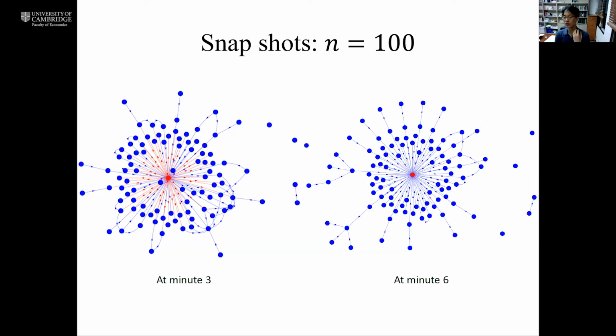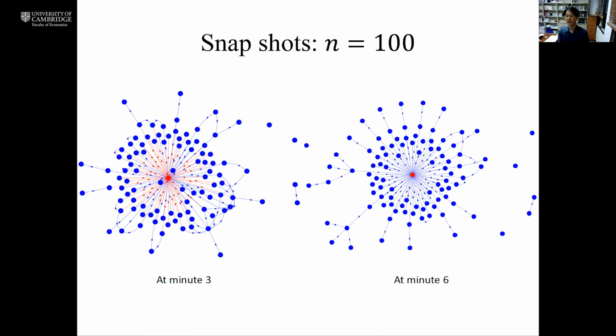In one sense, this can be interpreted as this guy making lots of linking investments to become the hub until the middle of the game. However, toward the end of the game, as you can see on the right-hand side of the screen, this guy remained the hub but deleted all the links that he created. This is a common pattern that we observe across the different groups with n equal to 100.